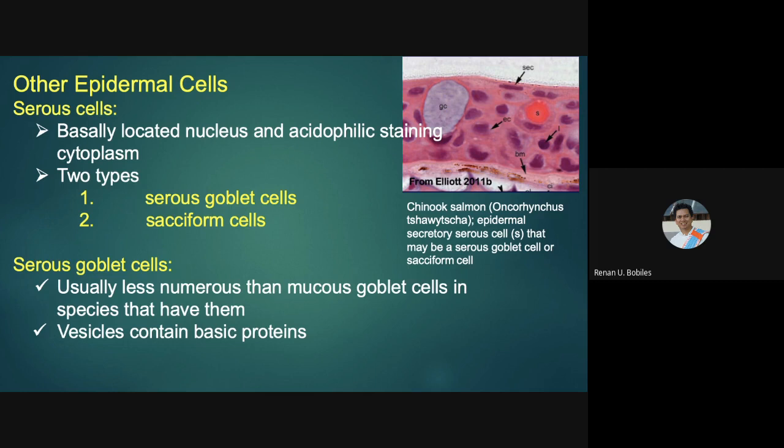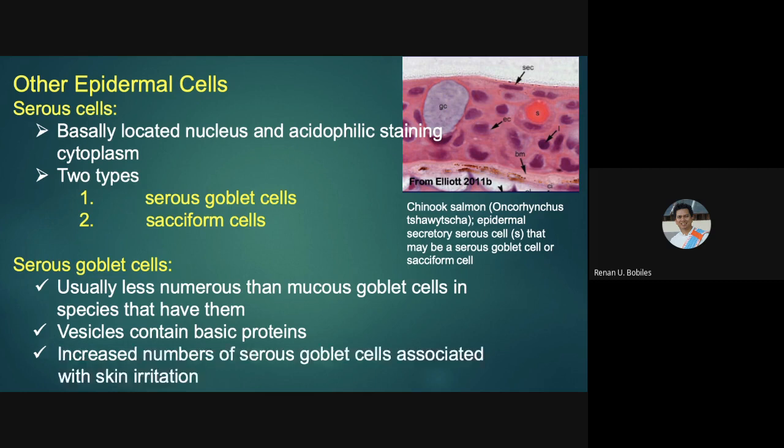An increase in the number of goblet cells is often associated with skin irritation.